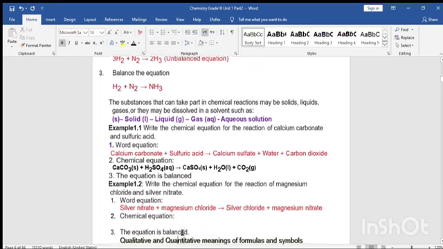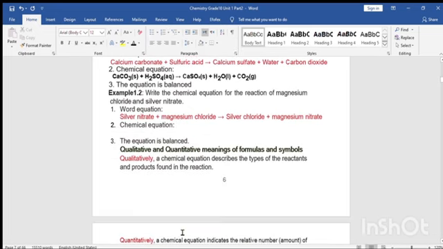Okay, when we come to exercise example 1.2, write the chemical equation for the reaction of magnesium chloride and silver nitrate. Magnesium chloride and silver nitrate react together to form silver chloride plus magnesium nitrate.